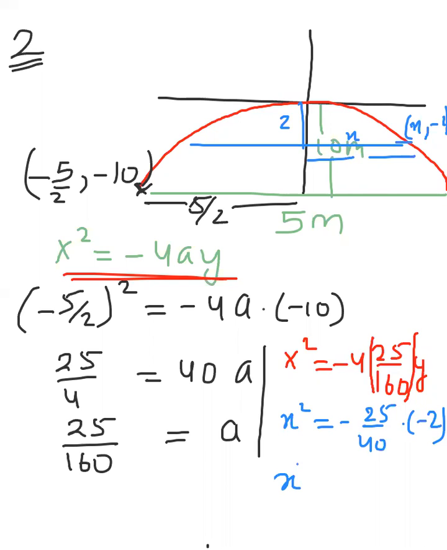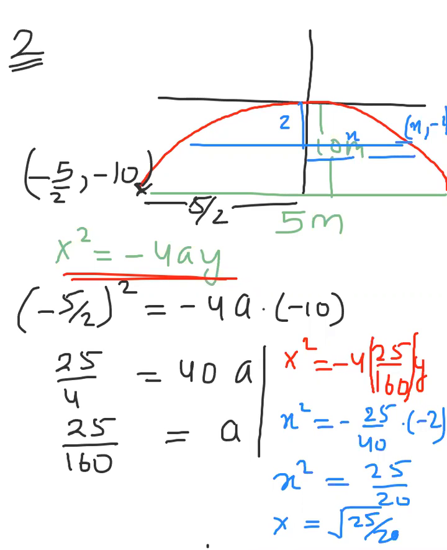So it will become x square equals 25 upon 20. This is the value of x square. x will be coming equal to under root 25 by 20. This is the value of x.